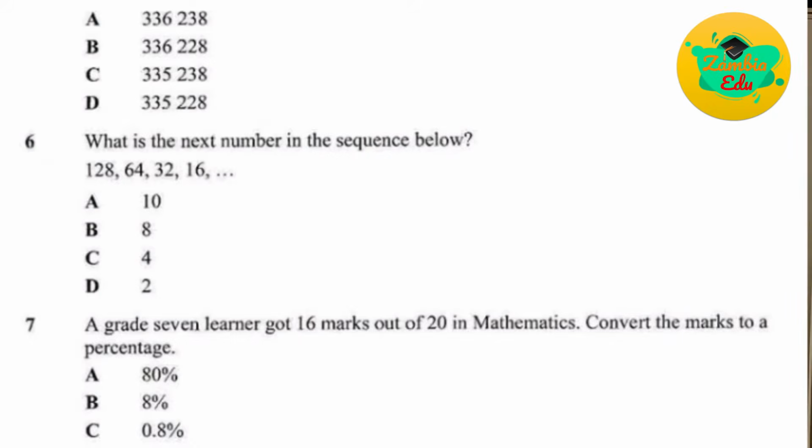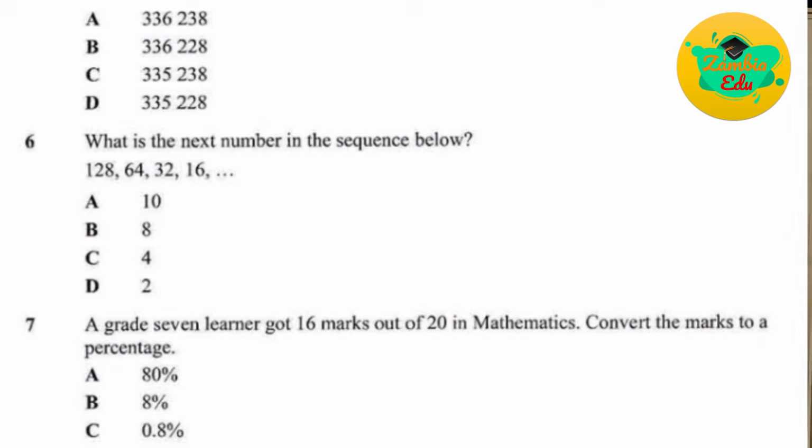Question number 6 reads, what is the next number in the sequence below? Every time you have a question on sequences, you need to know what pattern was being followed to get the next number.